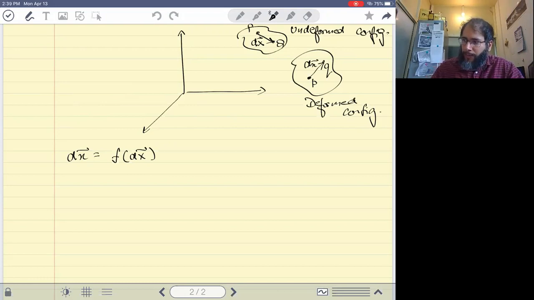So we did that, and we were able to come up with a relation where we said d small x is a tensor F dot d capital X, where this tensor F was called the deformation gradient tensor.